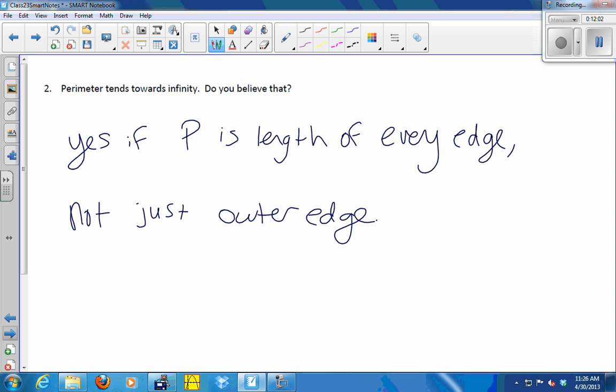So perimeter goes to infinity, just like the Koch snowflake. But we're not going to investigate this one in any depth. We're not going to get a formula for the perimeter at each step. It's good enough to know that it just gets longer and longer.